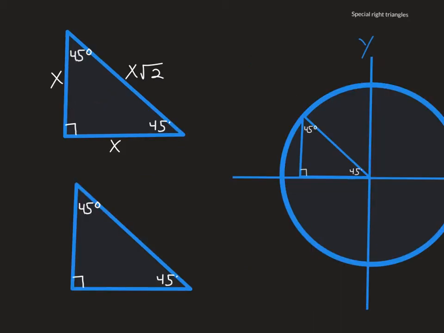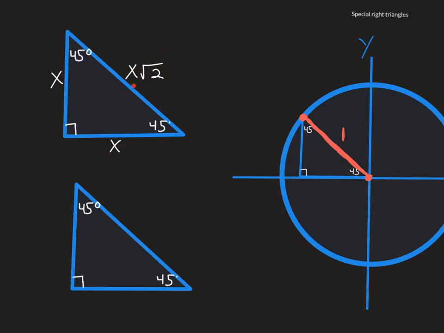So let's check out the 45, 45, 90 triangle inside this unit circle. Inside the unit circle, that hypotenuse is going to have a distance of 1. Now, when we look at our general form of the special right triangle, my hypotenuse is not 1, it's x times root 2, or a leg times root 2.